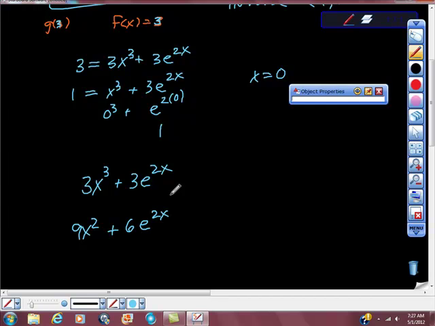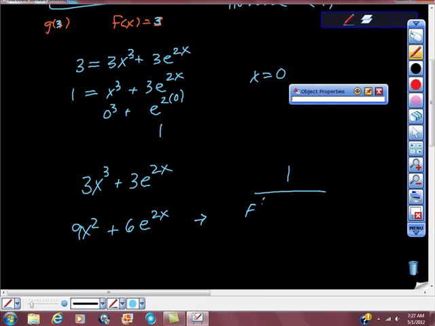Remember, the derivative of e to the x is e to the x, but e to the f of x is e to the f of x times f prime of x, so that's where I got the 2 times 3, this 6 here. Now I'm going to put it into the form that I wanted to use, which was 1 over, in this case we want f prime at 0, don't we?